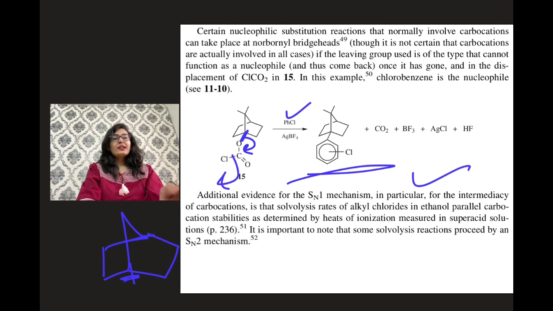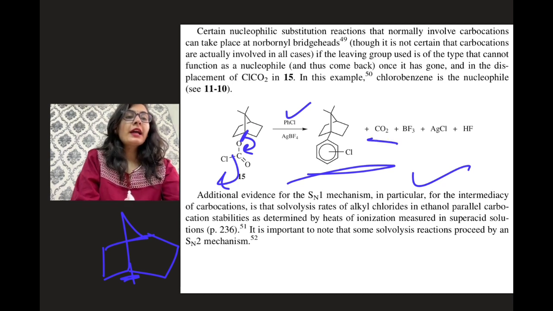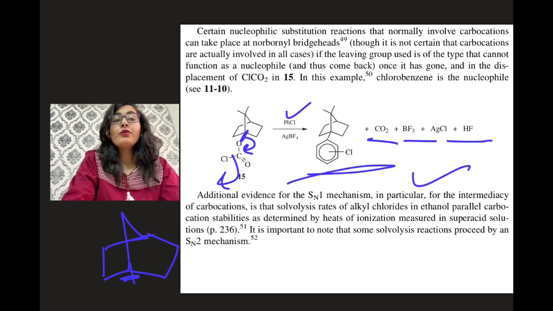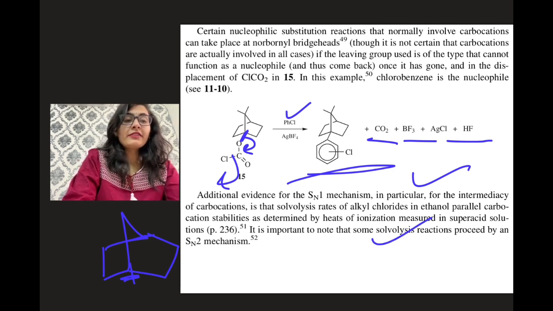All right, and along with that you eliminate CO2, BF3, AgCl, and HF. Beautiful example of how SN1 can be done in strained molecules under some particular conditions. Okay, very very important.